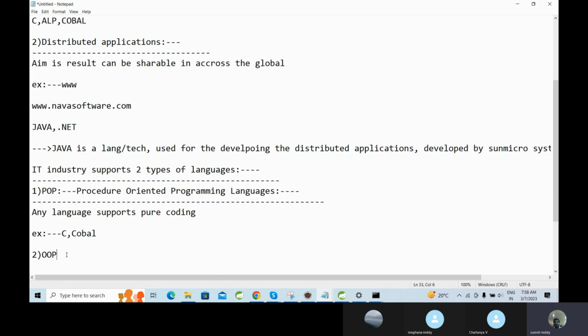Next, coming to OOP. OOP stands for object oriented programming languages. What is meant by these languages?